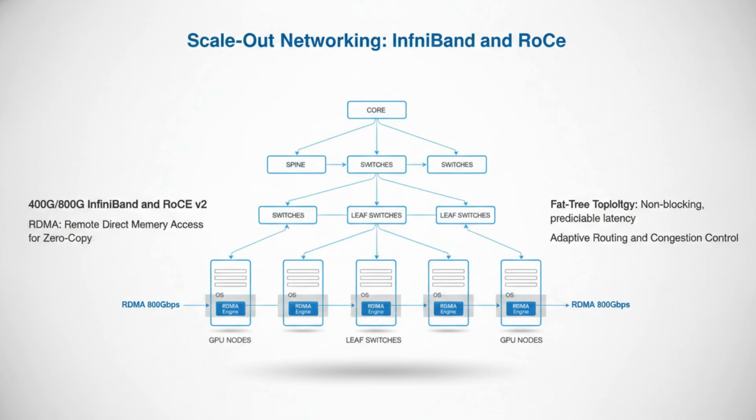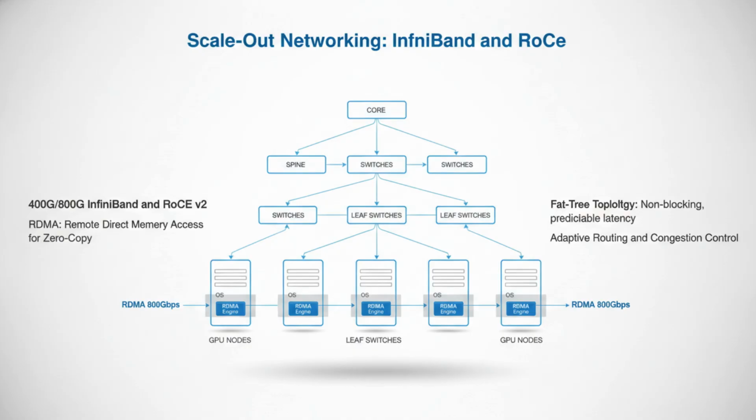Once you go beyond 8 GPUs, you leave the world of NVLink and enter the world of the scale-out network. For AI, standard Ethernet is often insufficient due to its lossy nature and high overhead. We use InfiniBand, or RoCE, RDMA over Converged Ethernet. These technologies support Remote Direct Memory Access, RDMA, allowing one GPU to write directly into the memory of a GPU in another rack without involving either operating system.